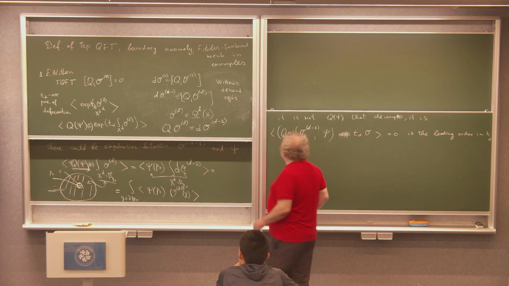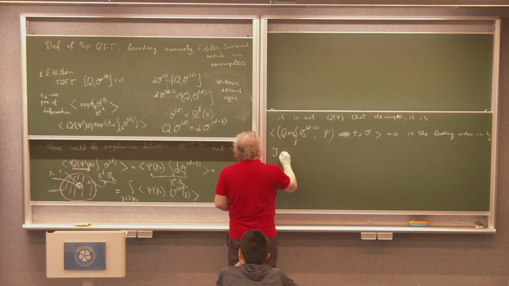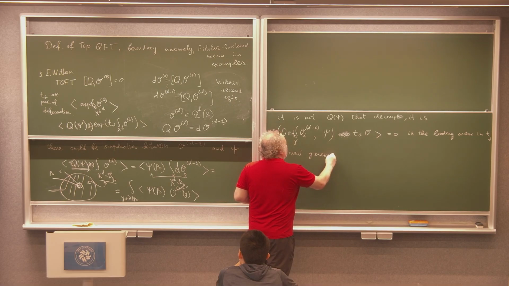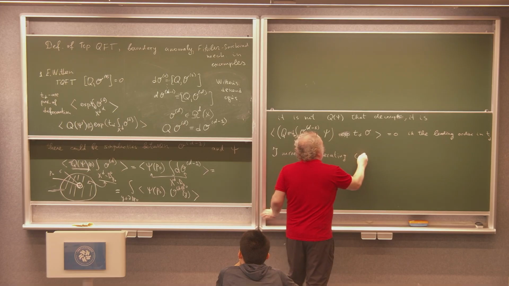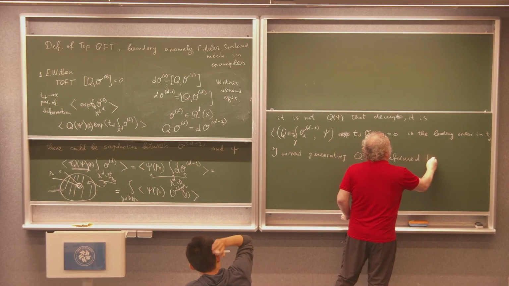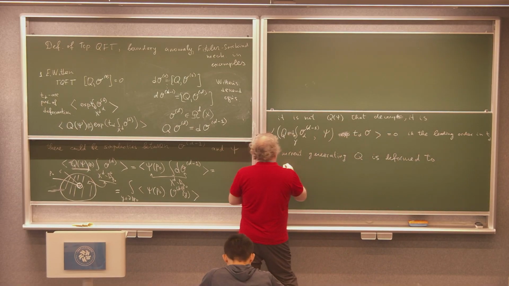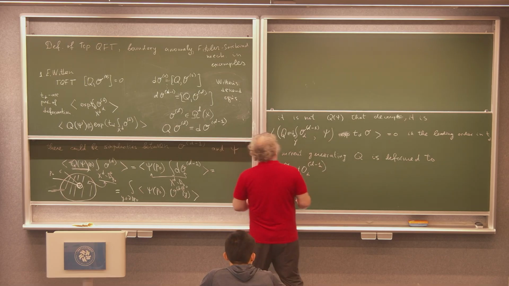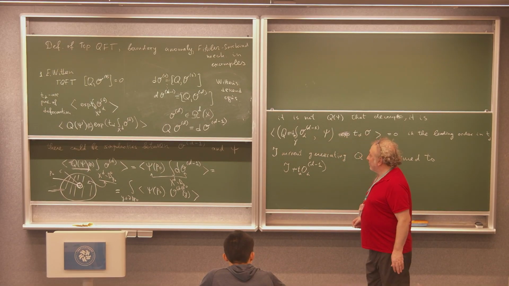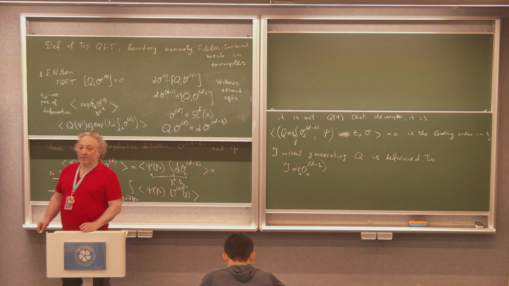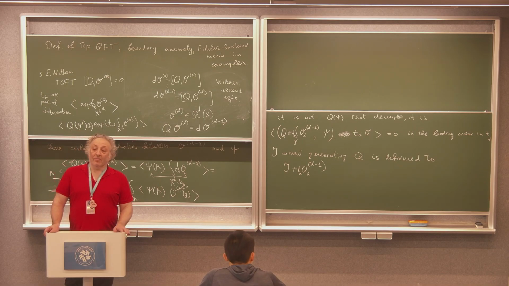So we say that, well, the current generating Q is deformed to J plus something. However, now we meet with a new problem.